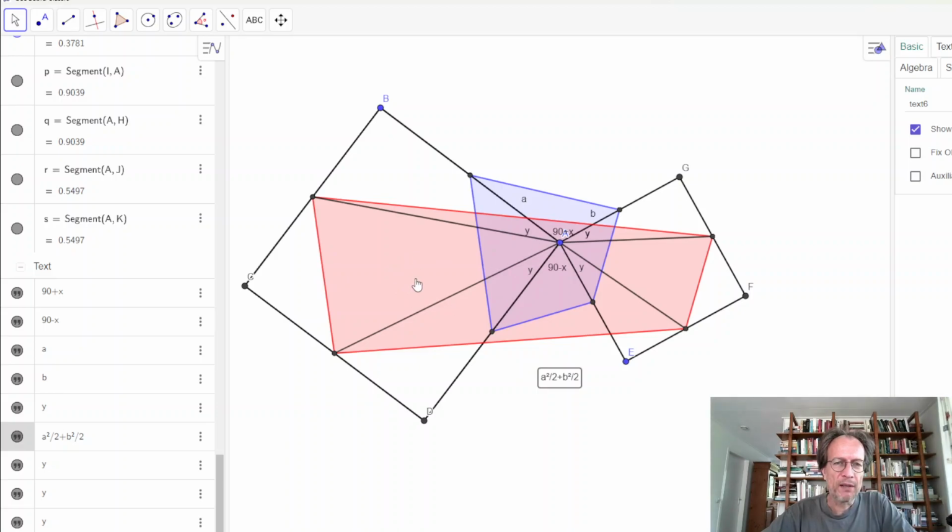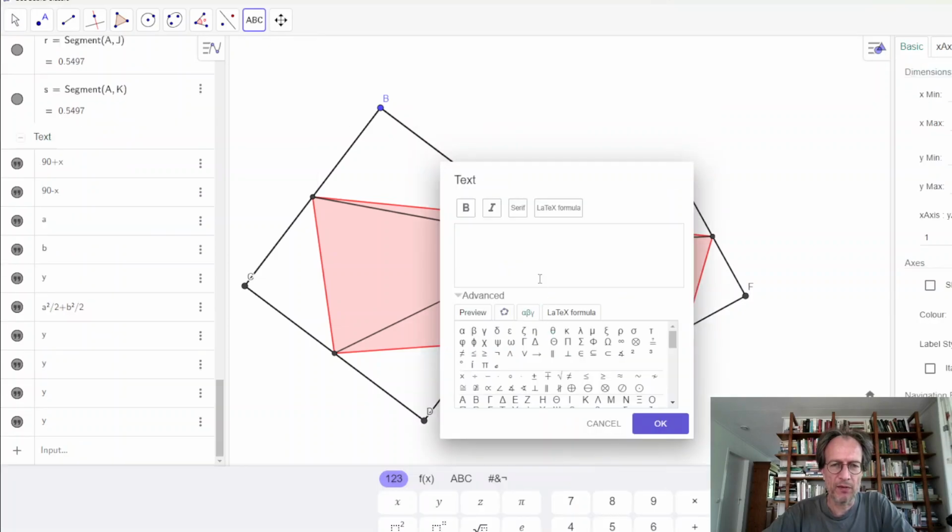So we have already found that the red isosceles triangles add up to 3 times that, so 3 over 2 times a squared plus b squared.